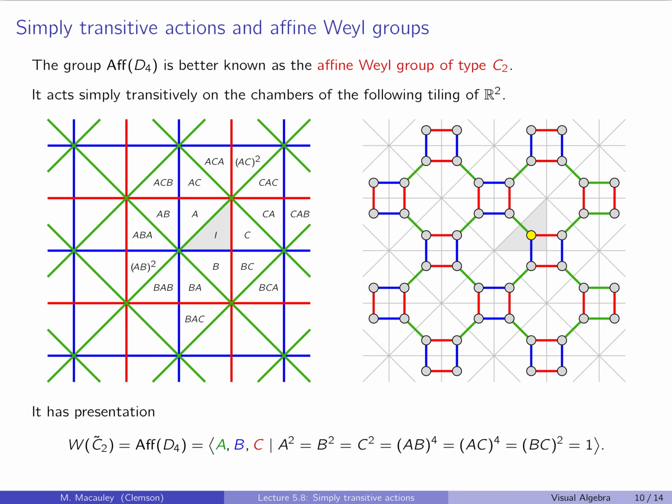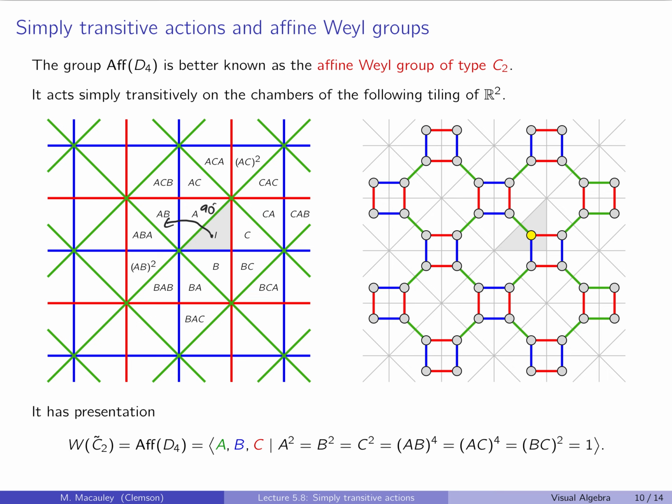We can once again use A, B, and C as generators. These are reflections, but now when we do A and B, notice that the green and the blue walls are 45 degrees apart. So when we start here and we do A and B, this is a 90 degree rotation.